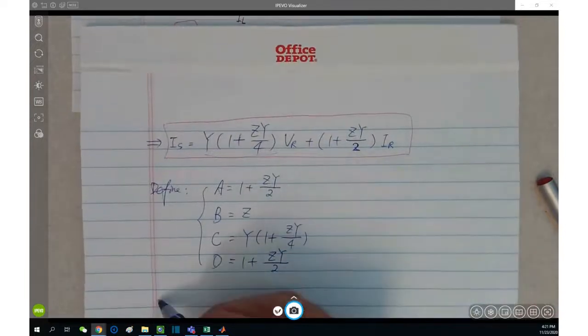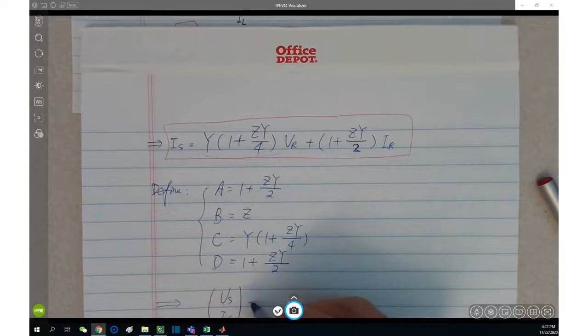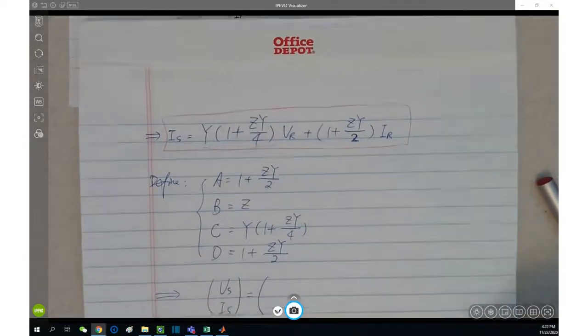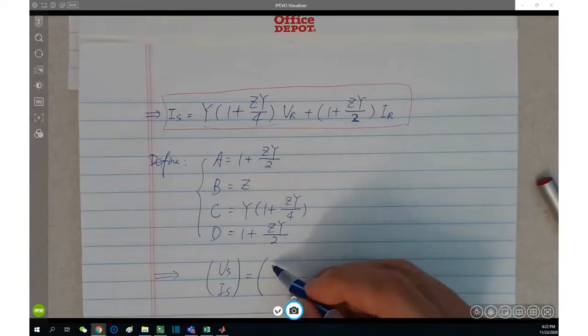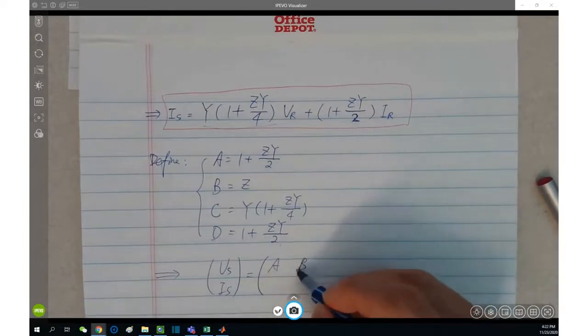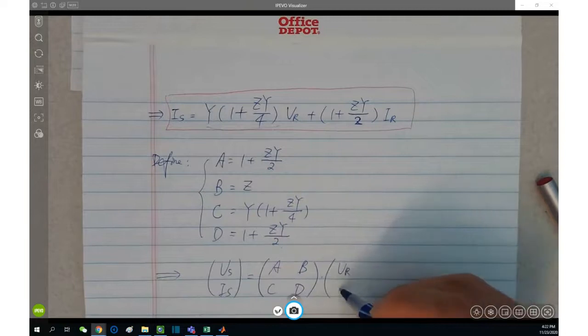We end up with a matrix operation: the vector VS, IS equals a matrix with entries A, B, C, D times the vector VR, IR.